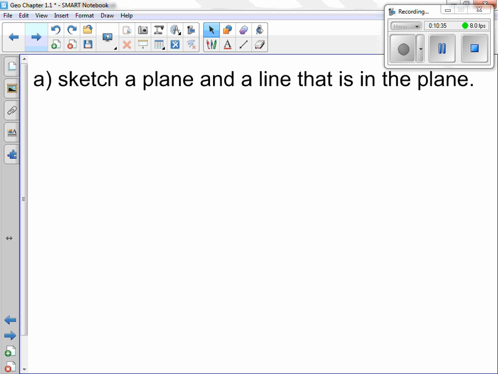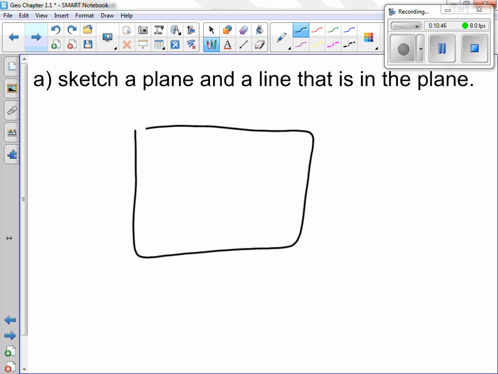Seeing some that are right, I'm going to put some of you out of your torture. So what did we say a plane was? It's a figure that looks like that, yes? And what did it say? Sketch a plane. We did that. And a line that is in the plane. So a line is what?